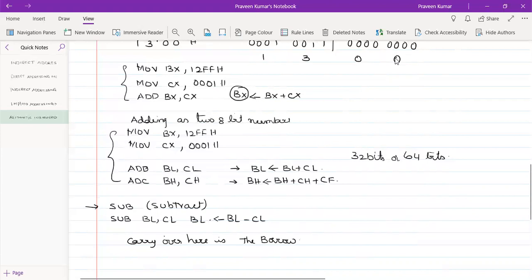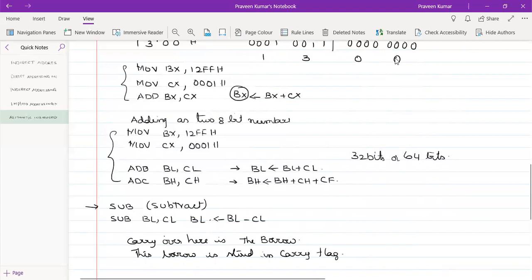It is not the extra carry. This borrow is stored in the carry flag.